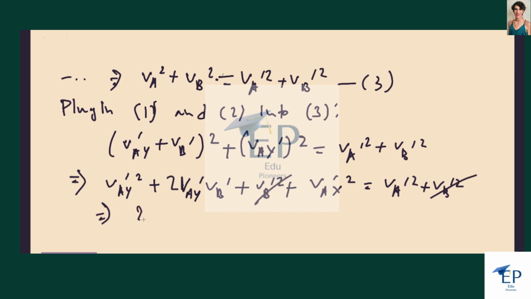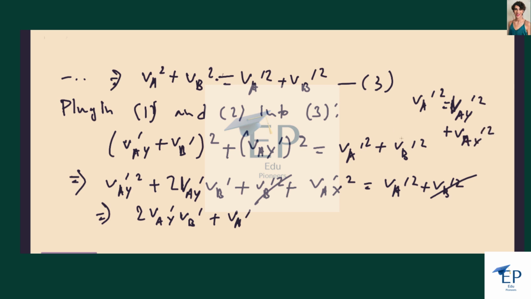Notice on the left-hand side, you have 2 vA y prime vB prime plus vA y prime squared plus vA x prime squared, right?